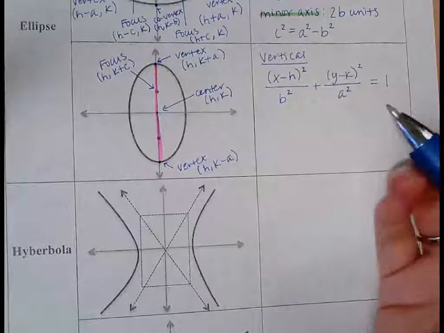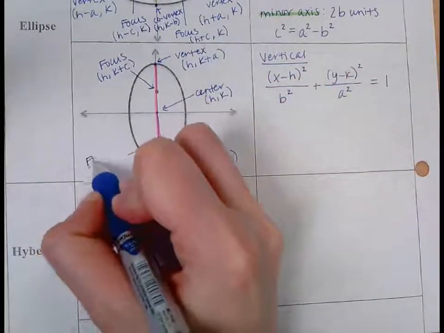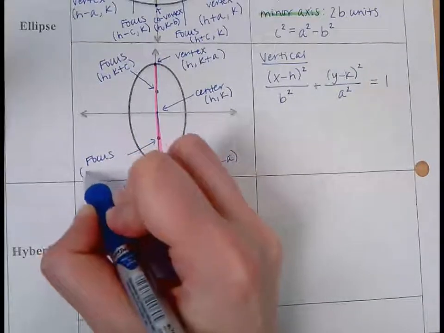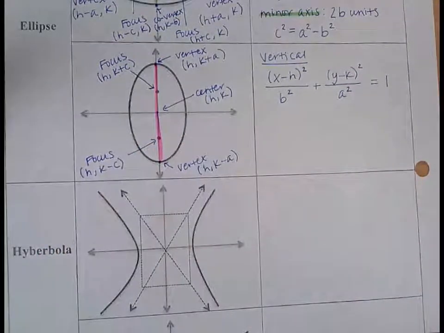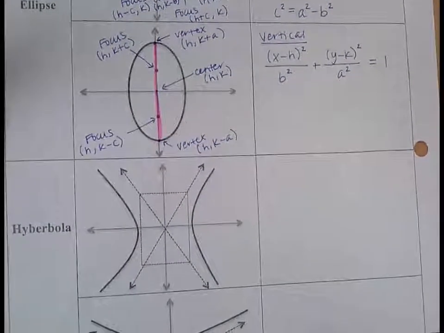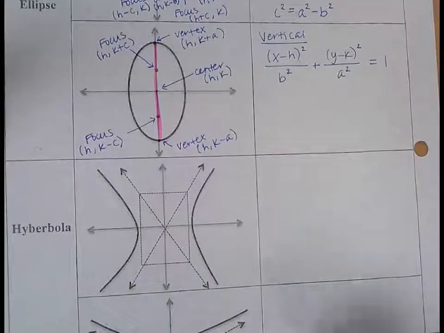And then the bottom focus, x-coordinate is h, y-coordinate is k minus c. And then that's all for the major axis. The minor axis is then the horizontal axis.